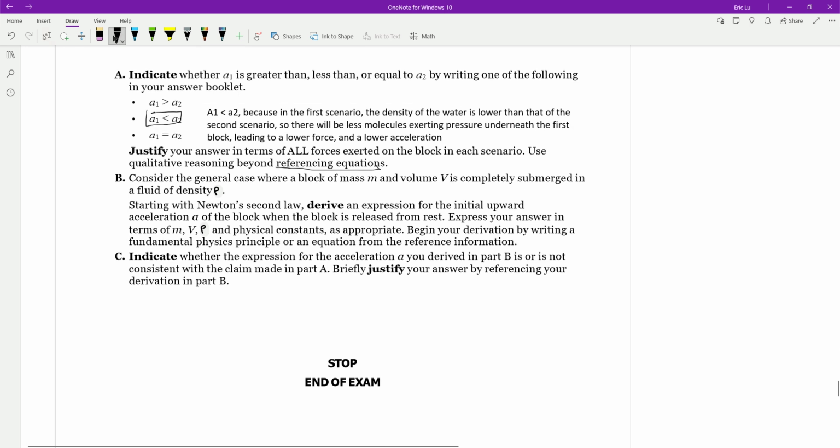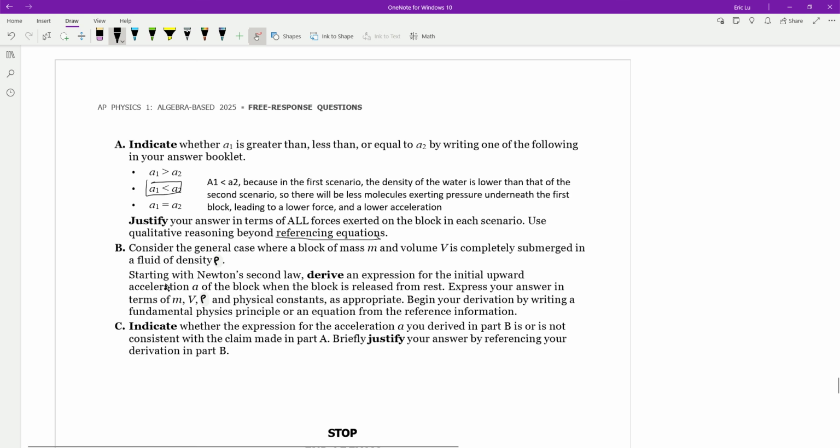Considering the general case where a block of mass m and a volume v is completely submerged in a fluid of density ρ, starting with Newton's second law, derive an expression for the initial upward acceleration a of the block where the block is released from rest. Express your answer in terms of m, v, ρ, and physical constants as appropriate.